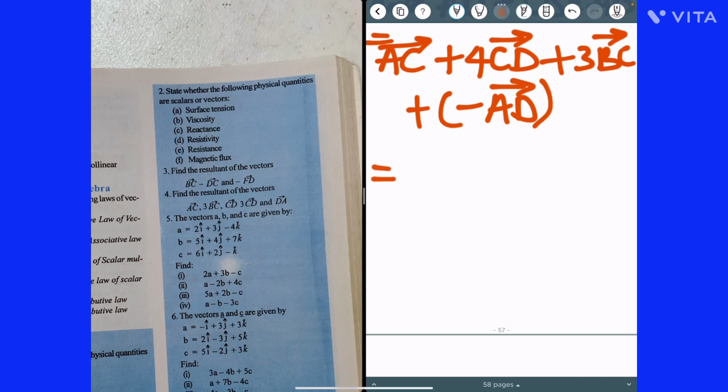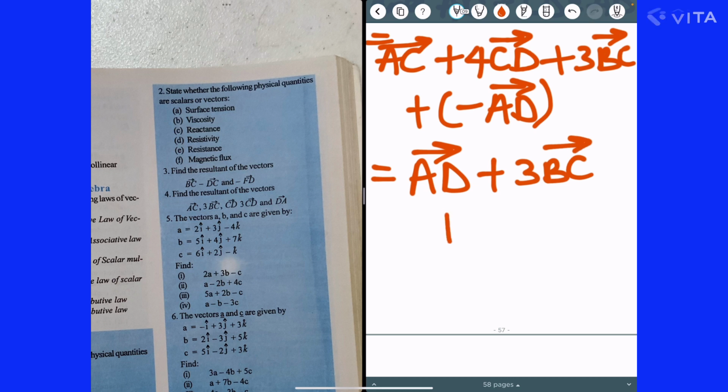So look at this, AC plus 4CD is the same thing as AD. This 4CD is just a scalar. Just see it as AC plus CD. AC plus CD is the same thing as AD. So I have AD plus 3BC, left, minus AD.